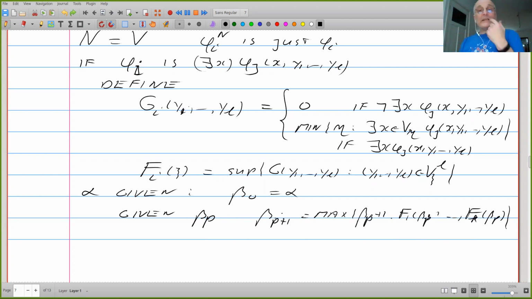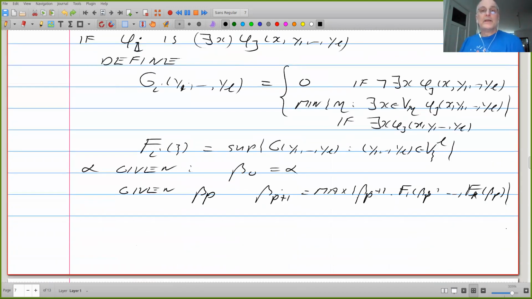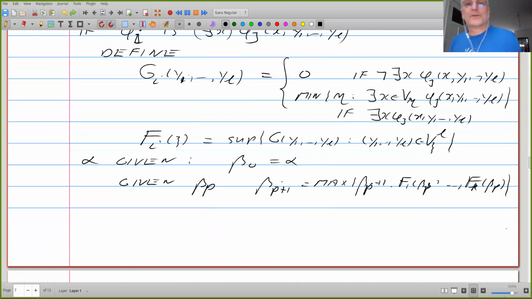We have our beta p, and we look at the functions f1 up to fk, because we had k many formulas. Each one of those formulas gives us an ordinal, and together with the beta p, we take the supremum of all those beta p's.